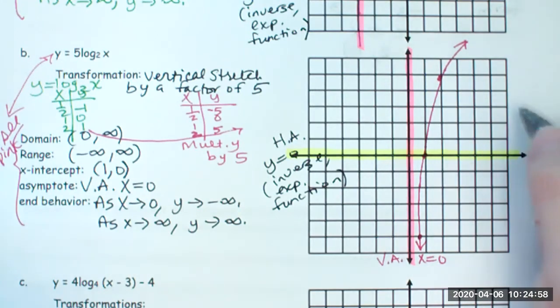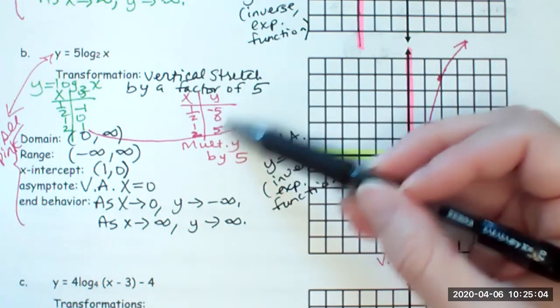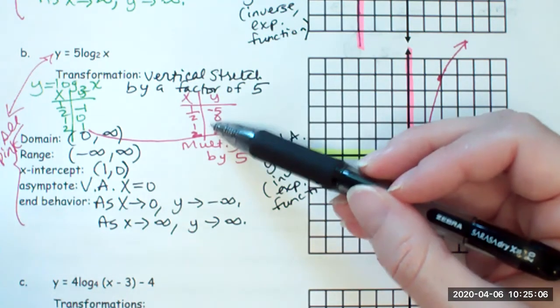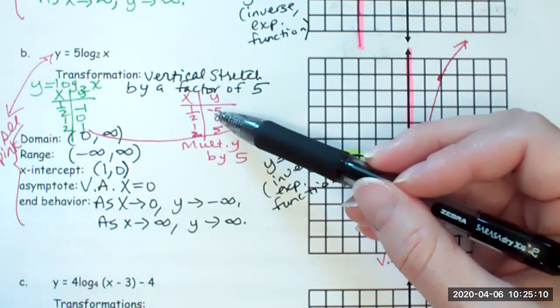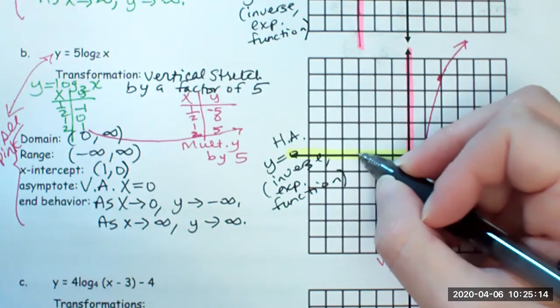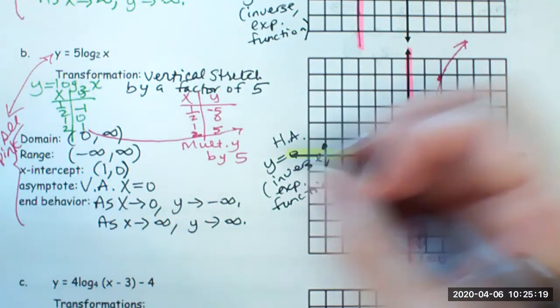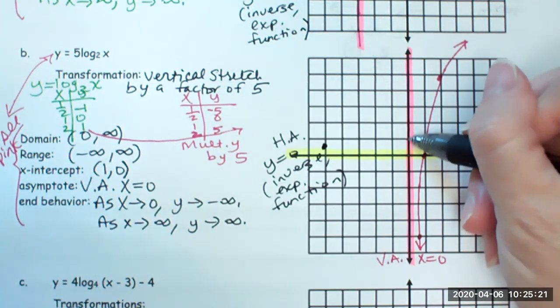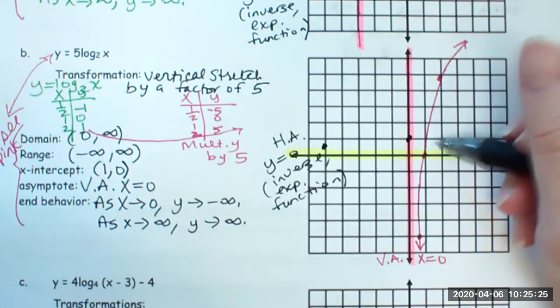And we're going to dash that inverse. So again, take the coordinates of the log function and just reverse them. So instead of (1/2, -5), we're going to have (-5, 1/2). So 1, 2, 3, 4, 5, 1/2. Instead of (1, 0), we're going to have the y-intercept at (0, 1). And instead of (2, 5), we're going to have (5, 2).